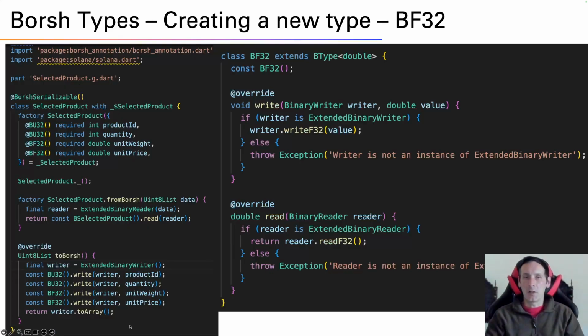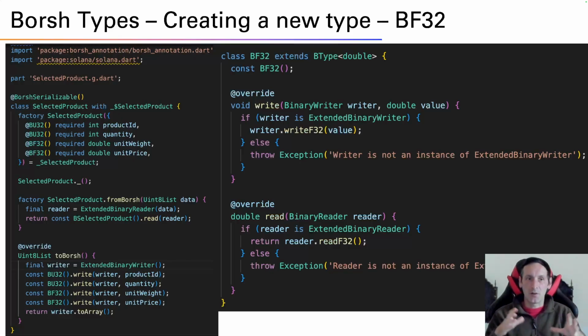I'm not going to cover in this video why things are defined in this way, because that was covered in the last video. But this is where I want to call your attention. This is an example of a class that I have in my DApp, the selected product class.